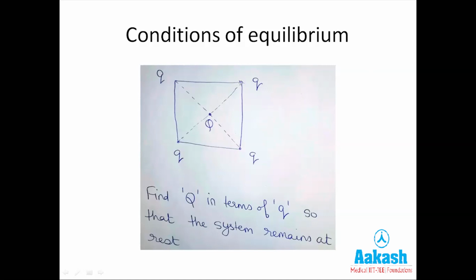On this one small q, due to the other small q, one force will act like this. Due to this small q, one more force will act like this. Due to this small q, we can have a force like this. And due to this capital Q, a force will be like this. Due to these four forces, we can use vector laws, add them, and put their sum equal to 0, so as to find capital Q in terms of small q.